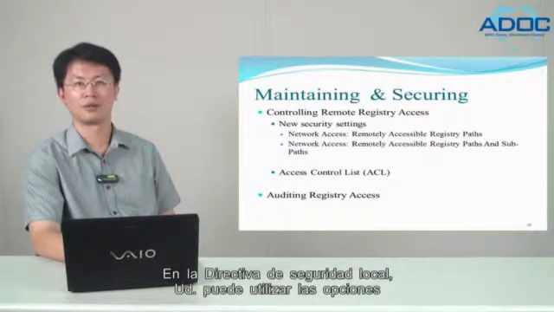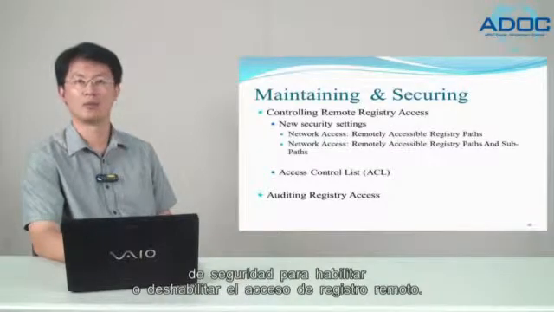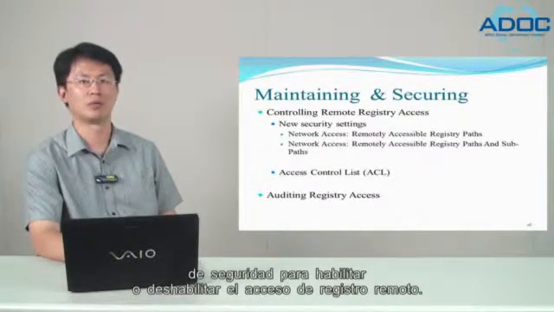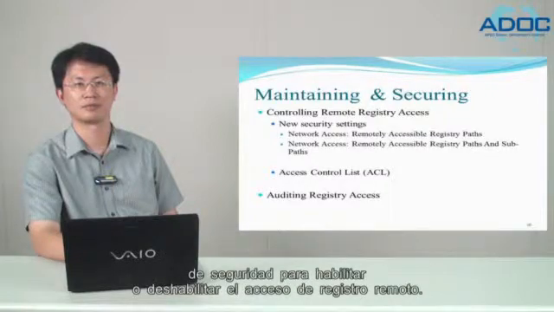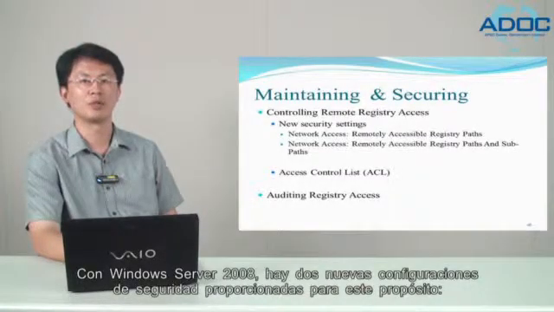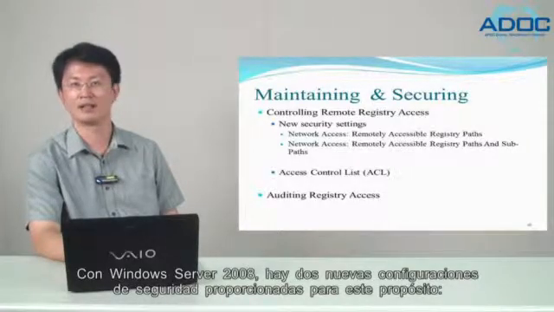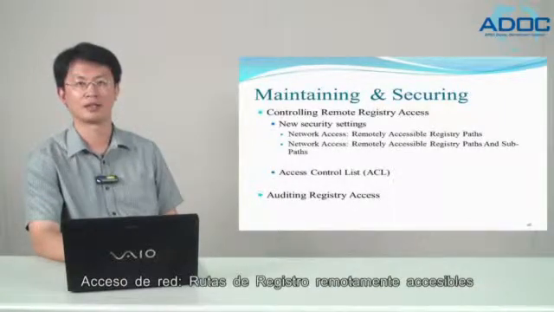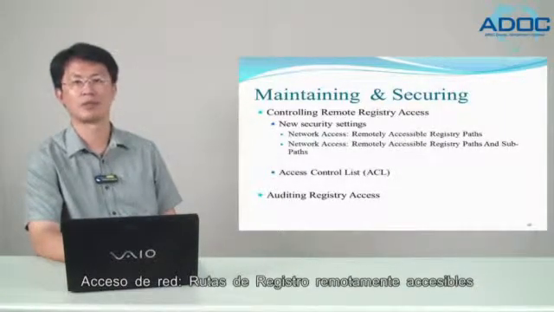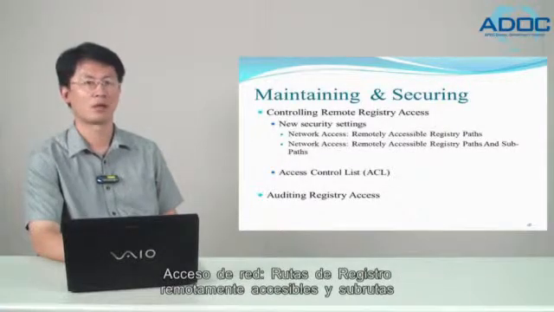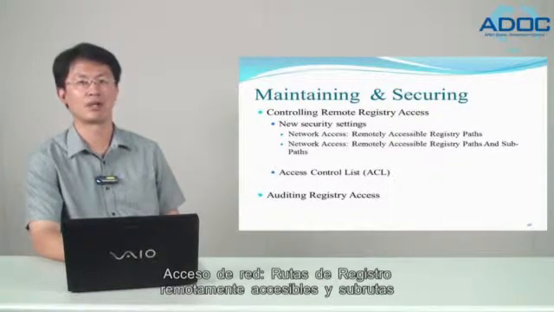In local security policy, you can use security options to enable or disable remote registry access. With Windows Server 2008, two new security settings are provided for this purpose: Network access: Remotely accessible registry paths, and Network access: Remotely accessible registry paths and subpaths.